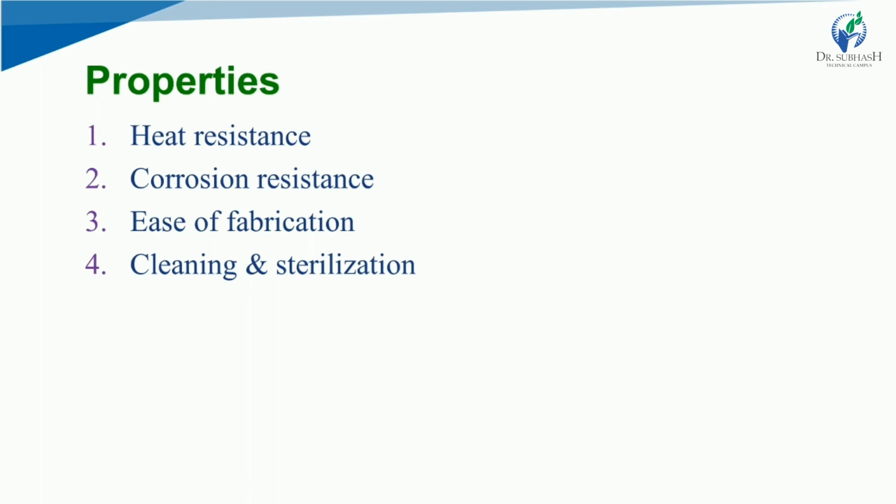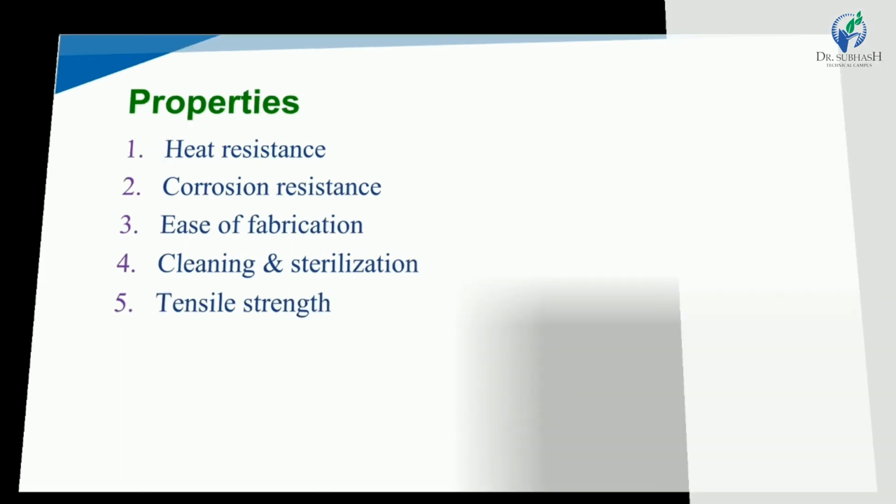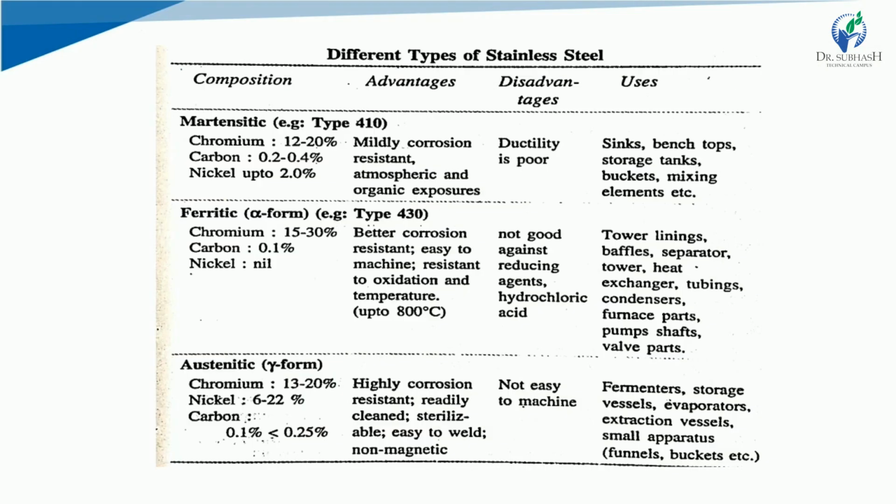It is easy to clean. Do you have any steel instruments or steel utensils at your home? Isn't it easy to clean them? They are very easy to clean and sterilize. Tensile strength is strong. It is strong in nature. So these are some of the different properties of SS, that is stainless steel.